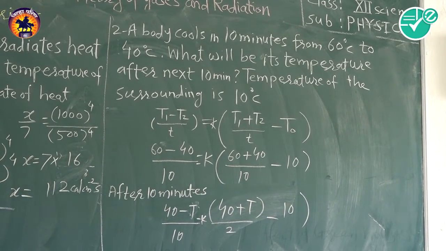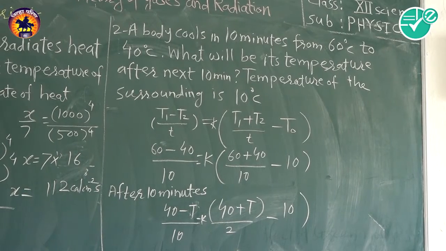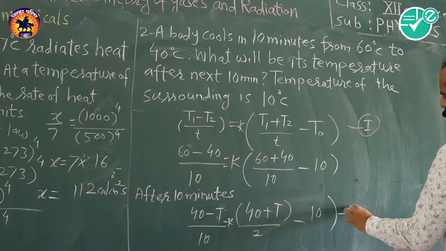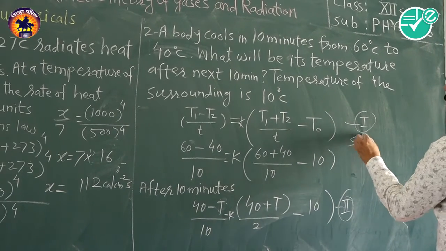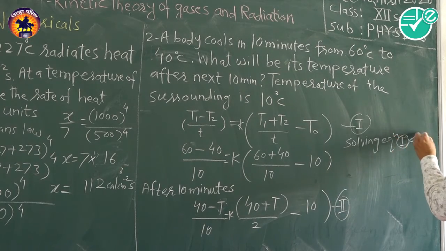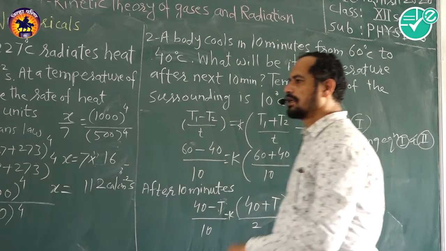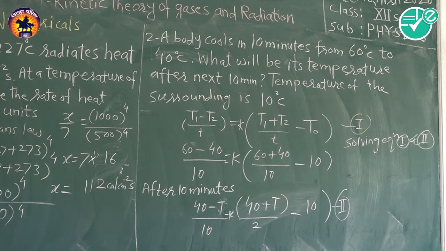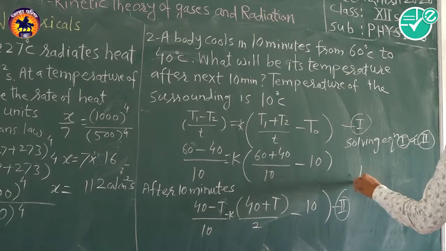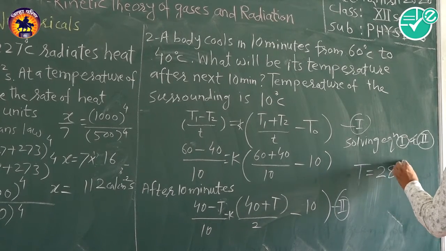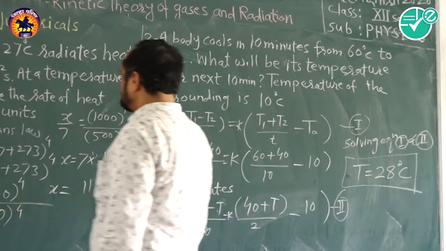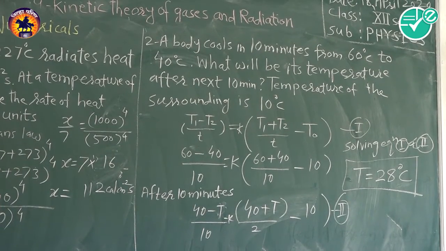If we solve equations 1 and 2, we will get the answer, that is 28 degrees Celsius. So T will be equal to 28 degrees Celsius. This will be the answer of this problem based on Newton's law of cooling.